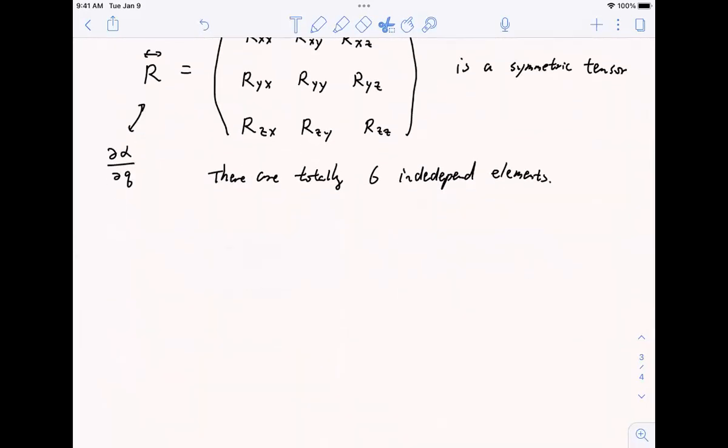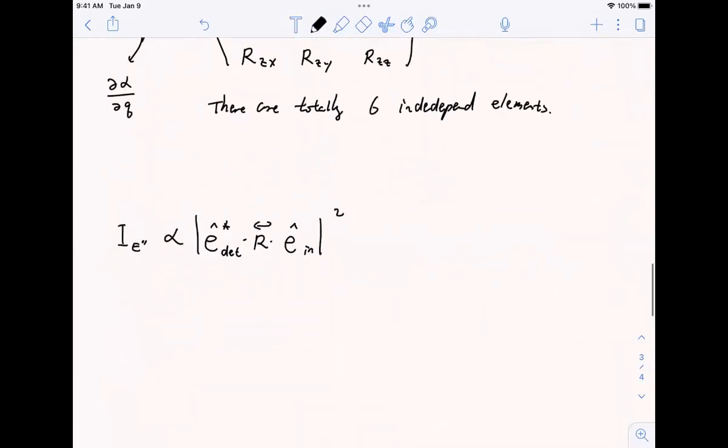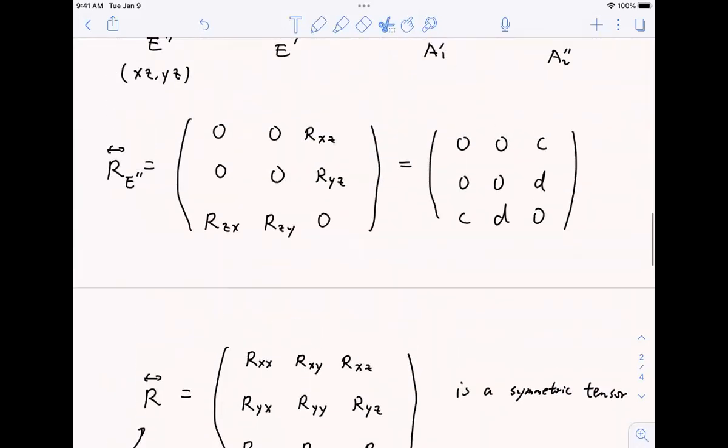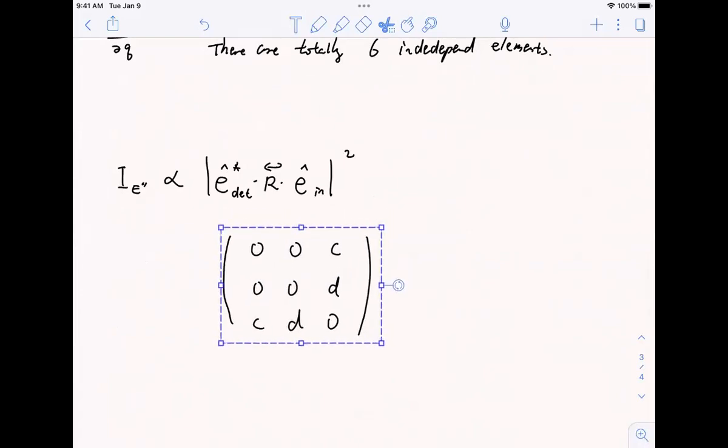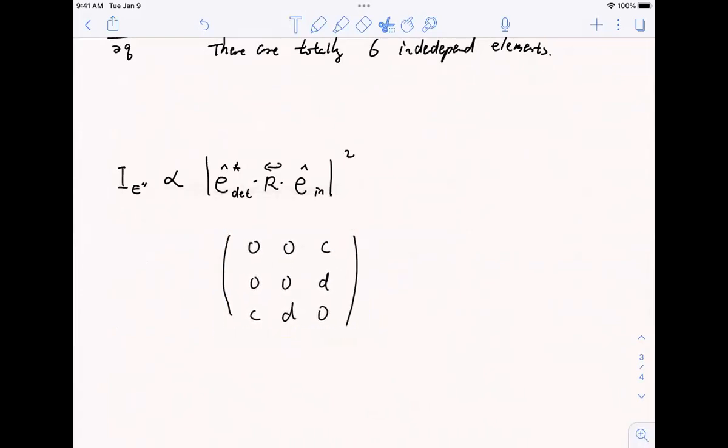For the E double prime mode, the intensity is proportional to this. So you just put this tensor here, with E in and E detected.